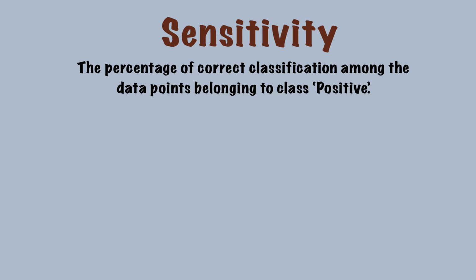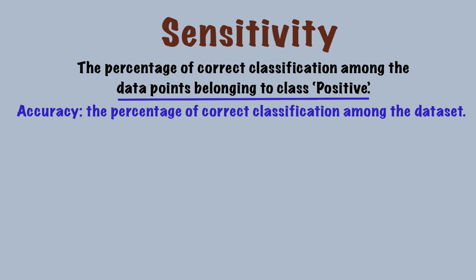Okay, so sensitivity is the percentage of correct classification among the data points belonging to class positive. If you remember, the accuracy is the percentage of correct classification among the whole dataset. Therefore, the difference between them is that sensitivity only cares about the class positive.